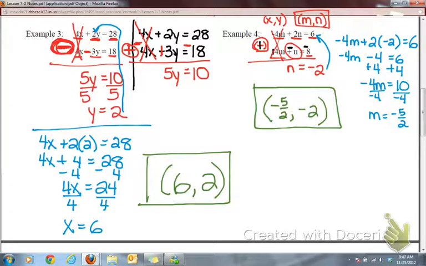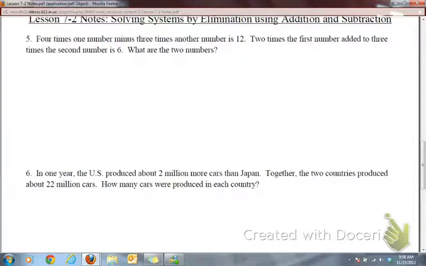Okay, let's do some word problems so we can practice using this method a little bit more. All right, so problem number 5 here. It says 4 times one number minus 3 times another number is 12. 2 times the first number added to 3 times the second number is 6. What are the two numbers?